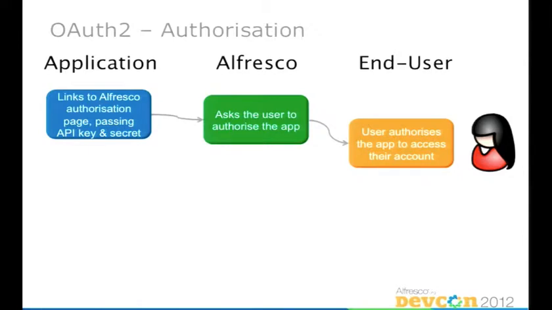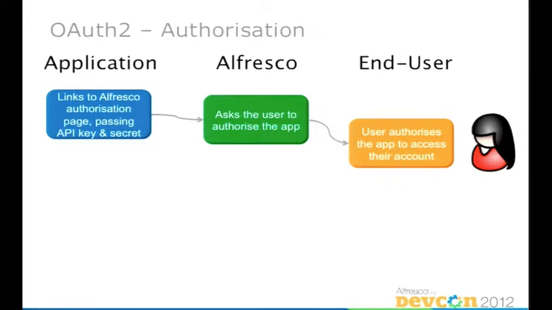So this allows us again to identify which application this is. Alfresco then displays an approval screen or an authorization screen which gives the user the option to disallow access. And again, this is a very important point. Your application cannot force itself on the user. The user has to manually approve the app, approve access to their cloud account through your application.